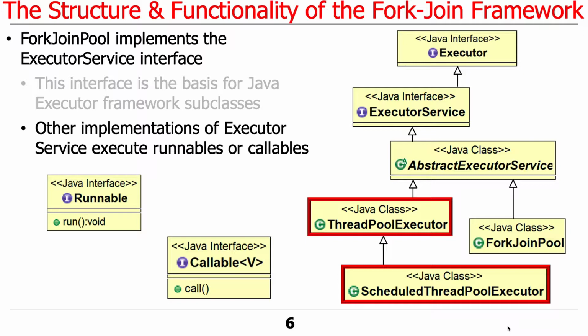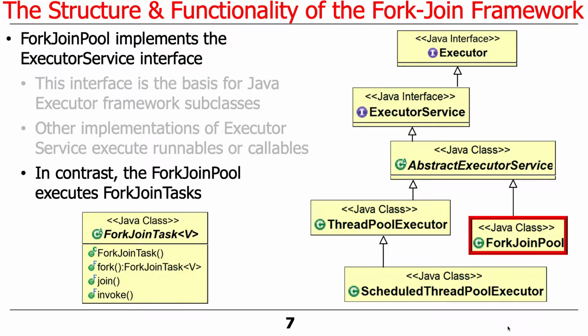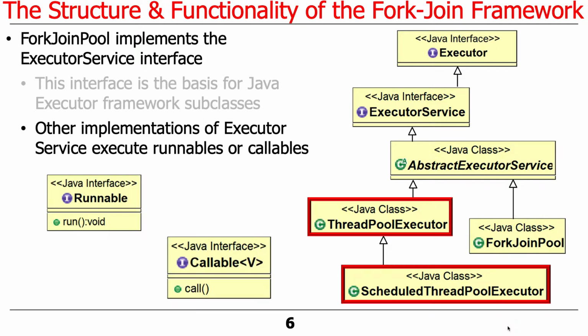And then the callable is an interface that has a call method that returns a value. Run does not take any parameters and returns no value. Call does not take any parameters and returns a value. And you can use callable for various things like the active object pattern and so on. We're not going to talk much about this stuff at all.